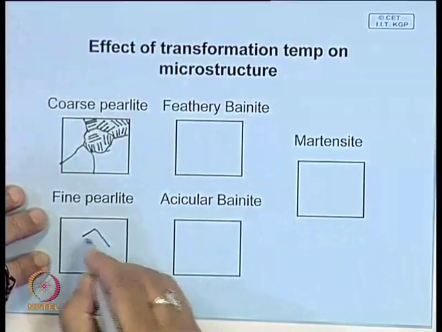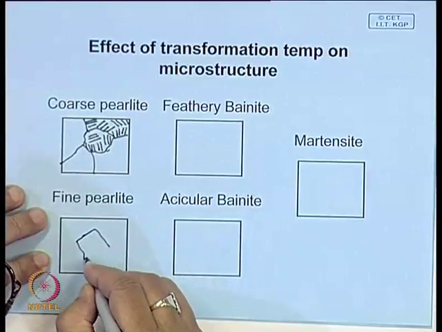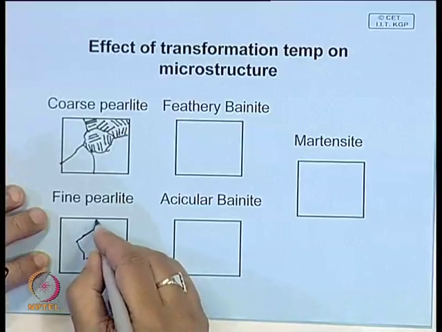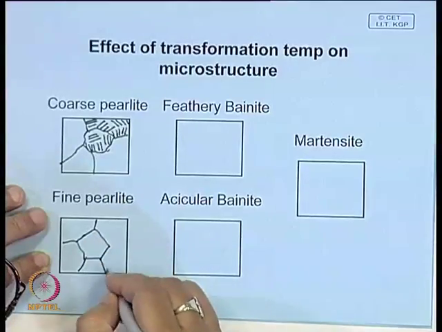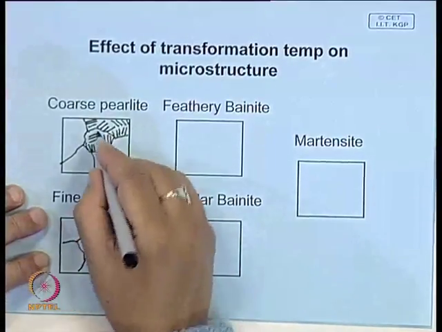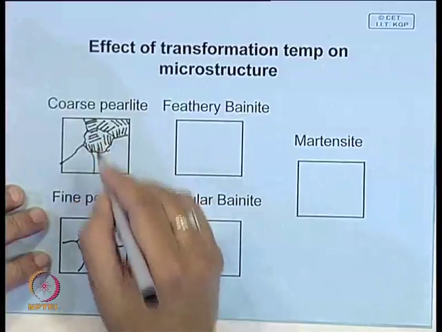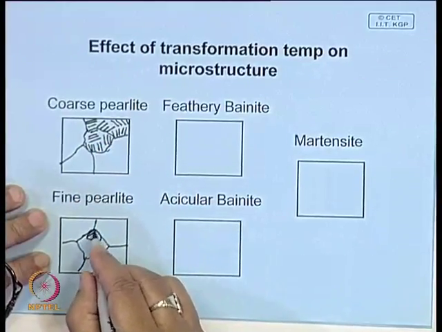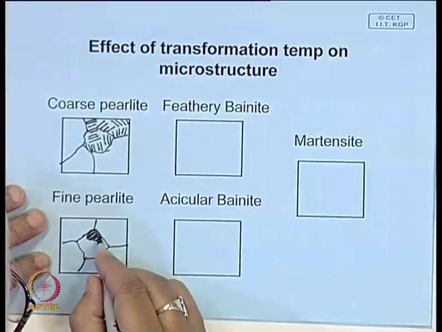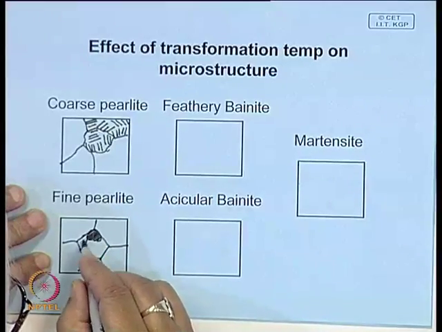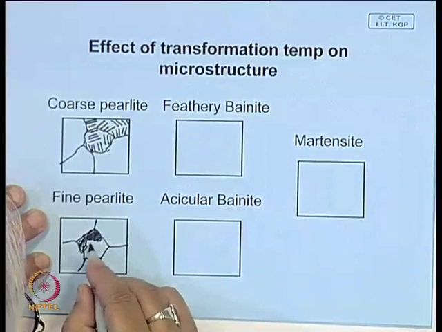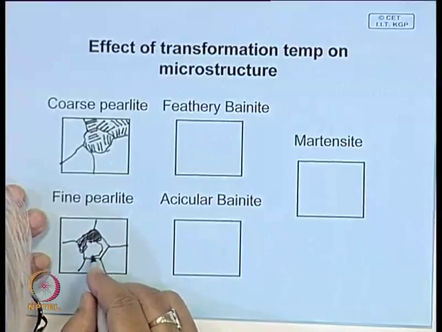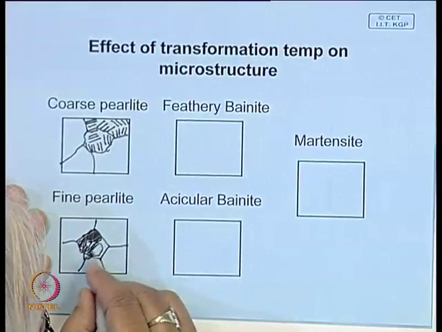The only difference is that in an optical microstructure you may see that these pearlites are resolved, whereas in this case the distance between these plates will be so small that it will be a very dark region. If you look under a high magnification electron microscope, they will resolve and show this type of lamellar structure.